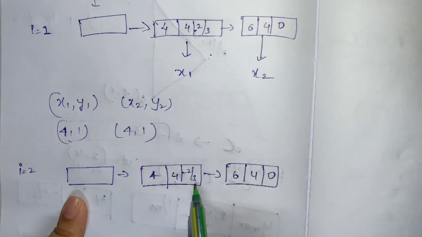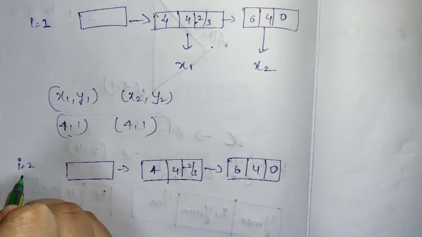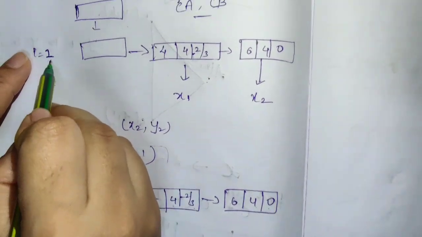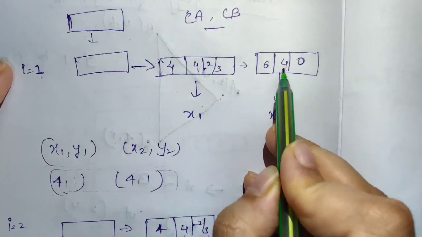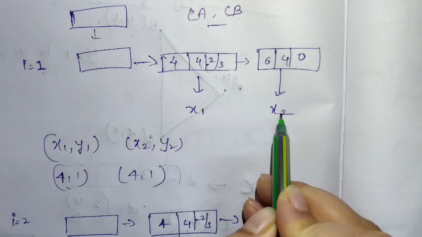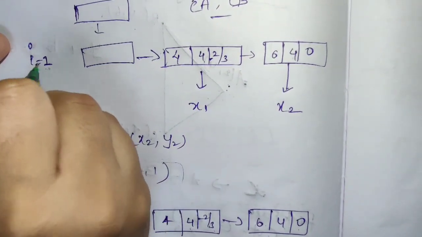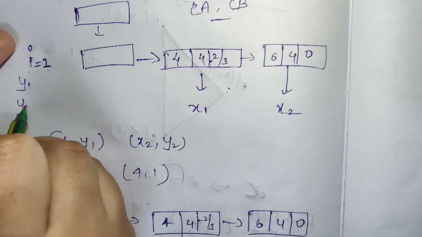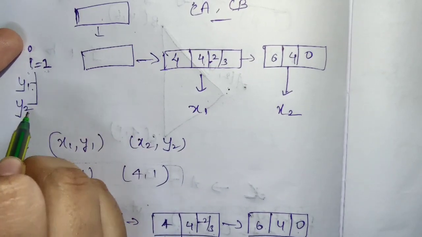For the first iteration, 4, 4 minus 2 by 3, and then 6, 4, 0. Consider that this middle value is x1 and this middle value is x2. So we need to calculate x1 comma, and for i equal to 1, this i value acts as both y1 as well as y2.